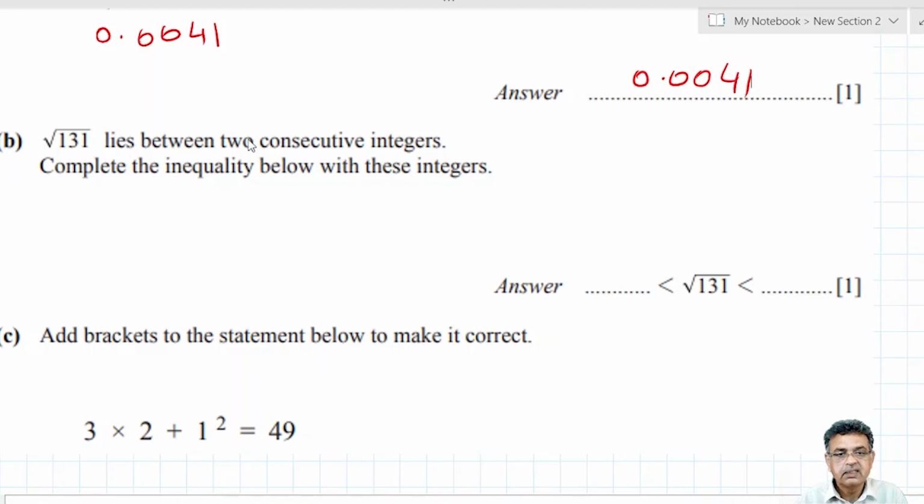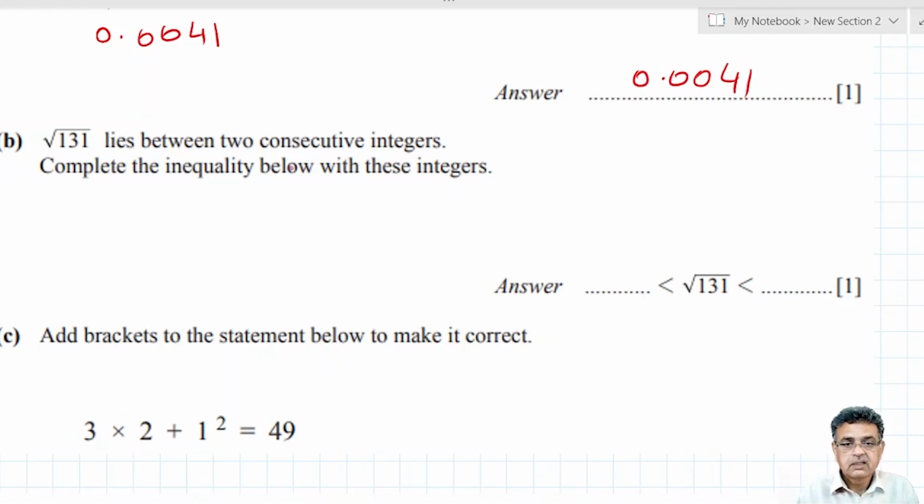Okay, square root of 131 lies between two consecutive integers. Under root 131, its square is 131, whereas the square just before this is 11 square, that is 121, and 12 square is 144.